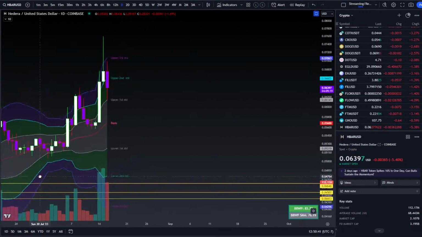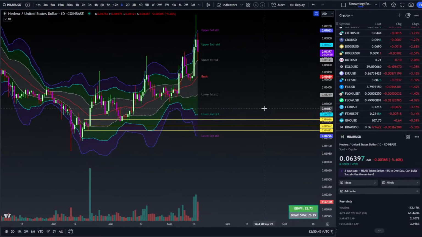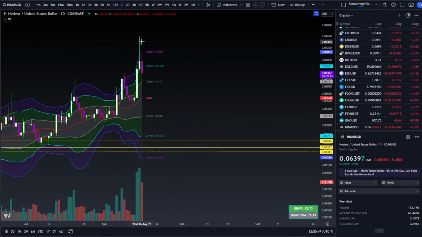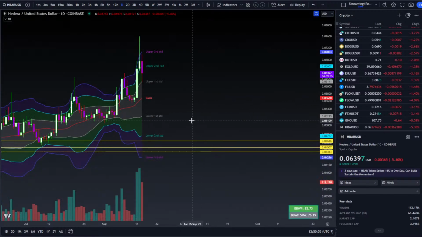Tested into it and then just rocket shipped. And now we're seeing a pretty relatively high volume rejection on the daily, headed down below 6.33 cents, trading at 6.39.